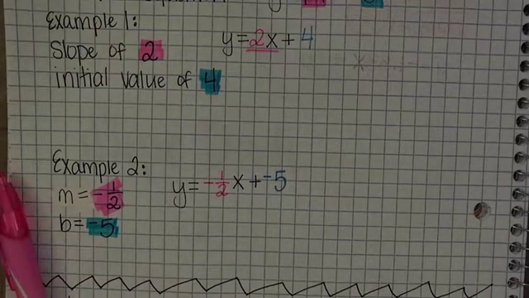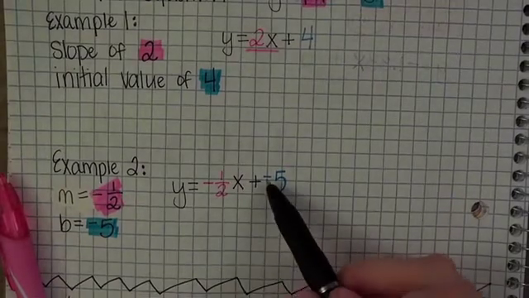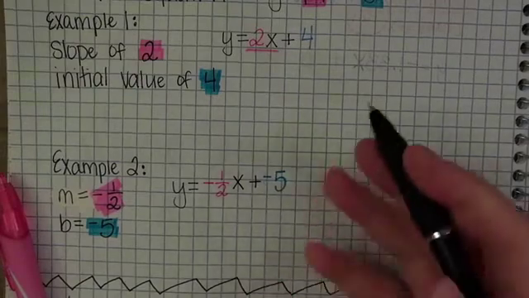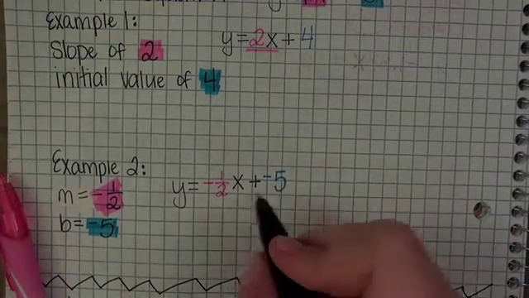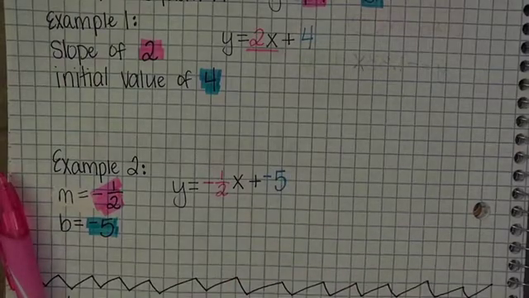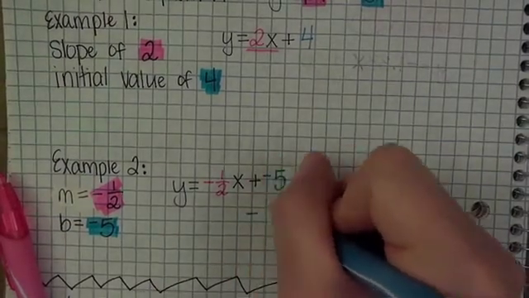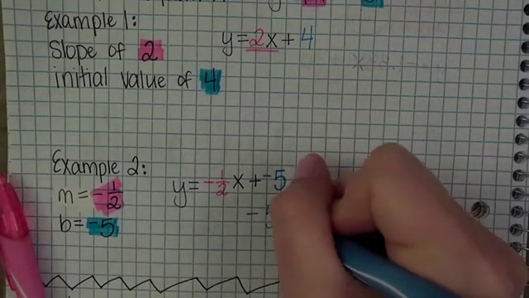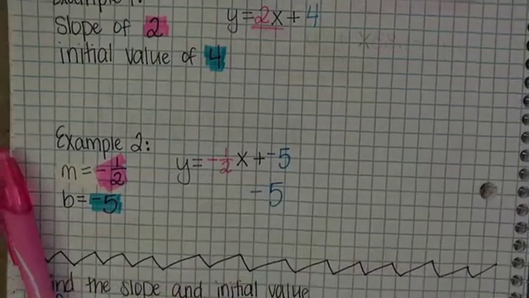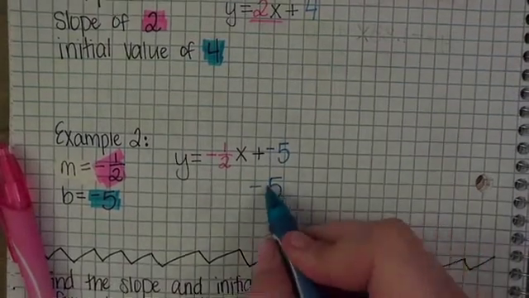But I want you to think about this. If your bank is giving you a negative balance, does that mean you're actually adding, or are they taking away money? So don't let the plus and negative mess you up. It's actually just -5. You can write it either way, but you're always going to see it written as -5.